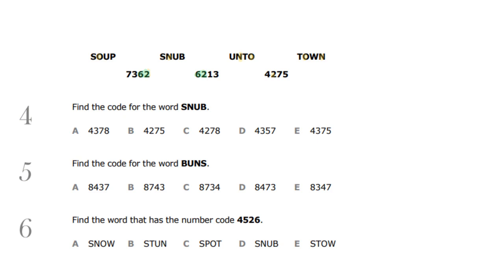So we're looking for 2 letters that both end a word and start a word. And looking at the words, we can see these letters must be T-O. We have T-O ending the word unto, and we have T-O starting the word town. So 7362 must be the code for unto, and 6213 must be the code for town.